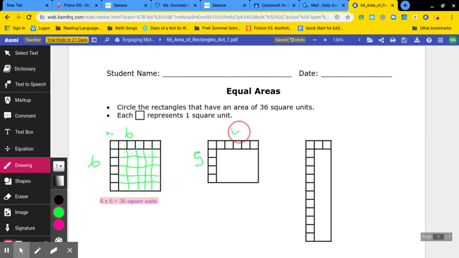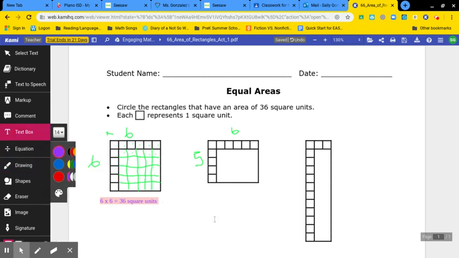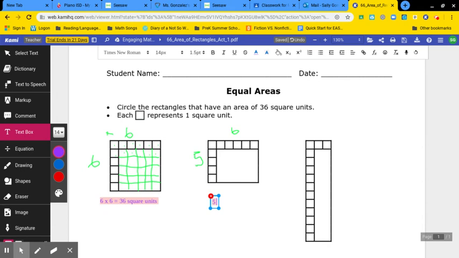Okay. So to find the area, all I have to do is multiply the length times the width. Okay. So now I'm going to write 5 times 6 equals 30 square units. Okay. Remember, area is measured in square units.